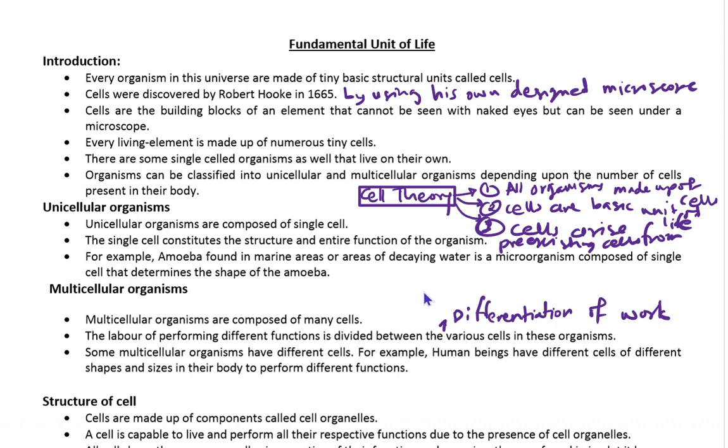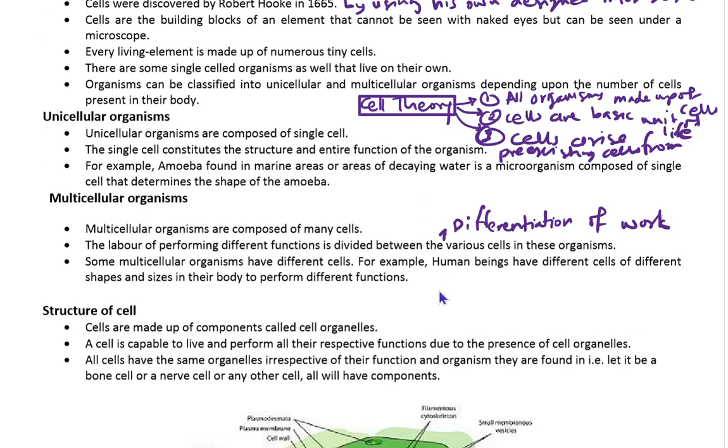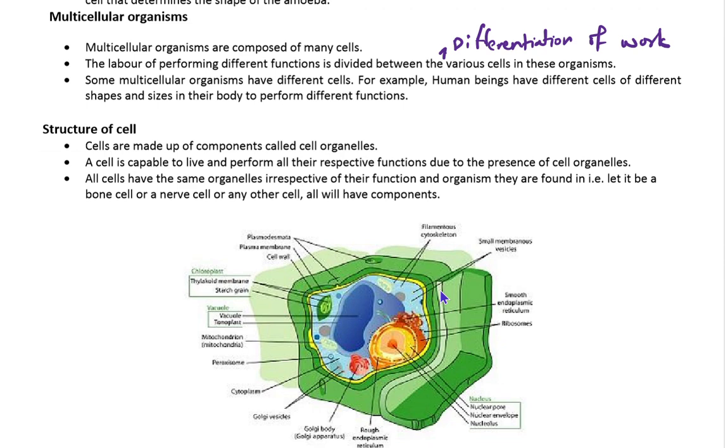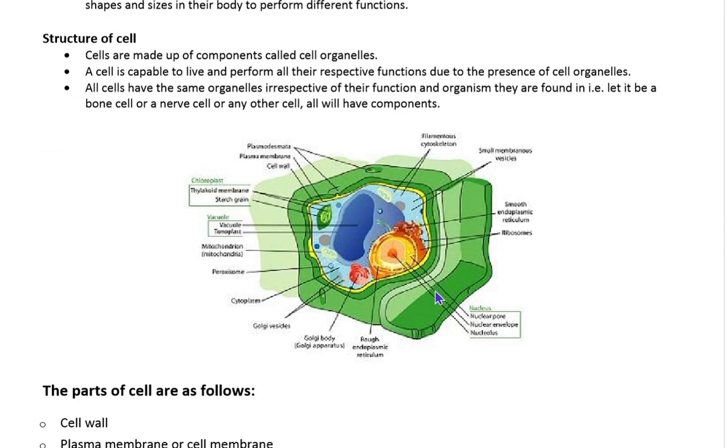Now let us discuss the structure of the cell: how cells are formed, what the internal structure of the cell is, and the different organelles present in the cell. Cells are made up of components called cell organelles.